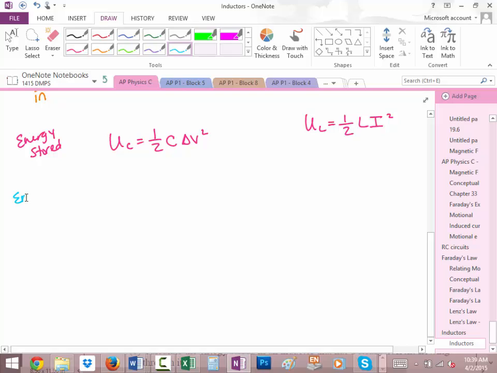Energy density is little u sub E, and it was equal to 1/2 epsilon naught E squared.